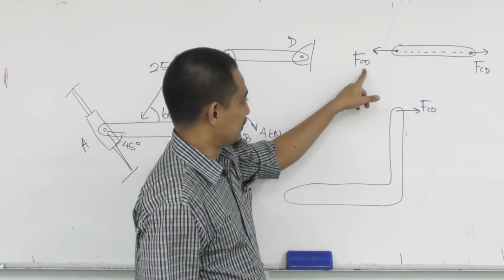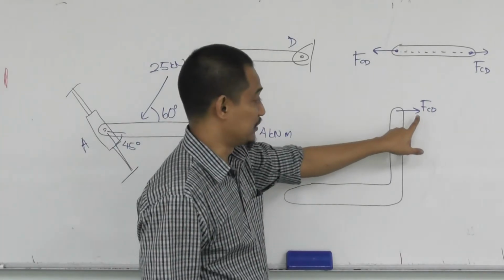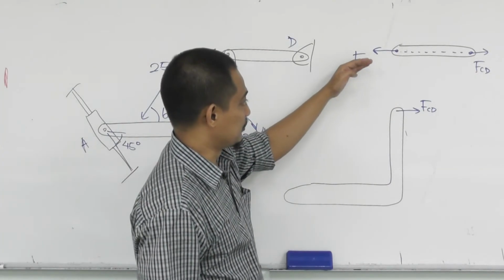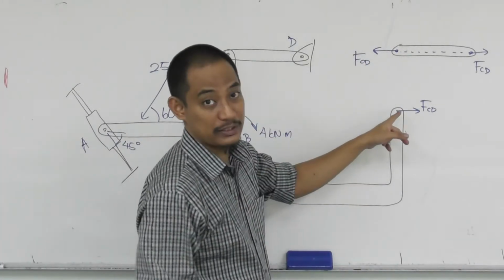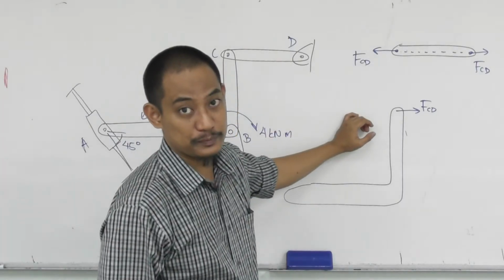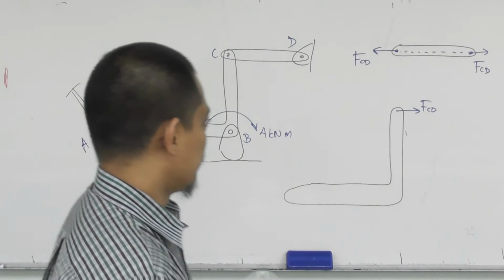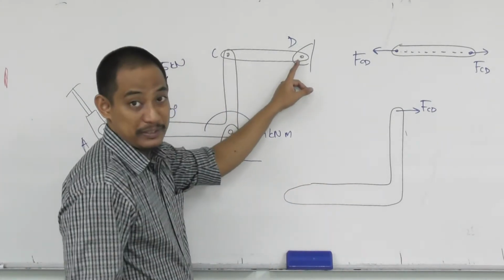So if you assume this one tension going up, then this one will be correspondingly like this, because it corresponds to this one. Okay. If you assume it to be compression going inside, this will be the opposite direction, corresponding to that one also, right? So that's two force member, right? Now, originally this one pin, right, and this one is pin, right?